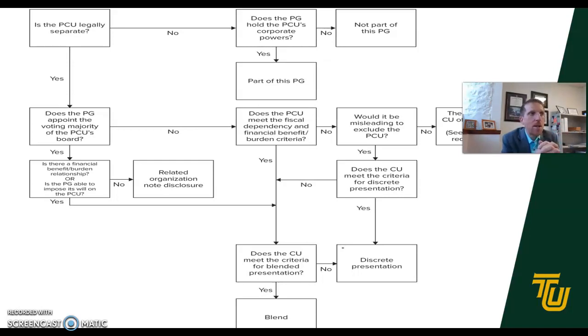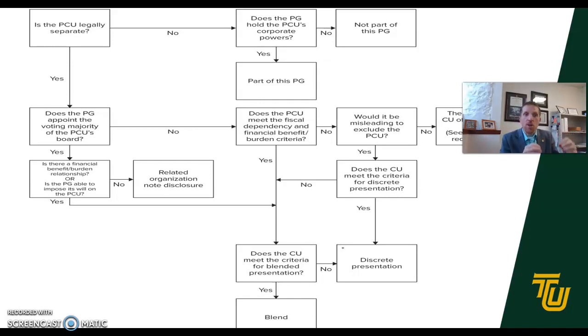The acronym there is potential component unit. So what we're trying to decide is how we need to treat this unit as far as our reporting goes. Based on the relationships in play, how does this unit get reported?